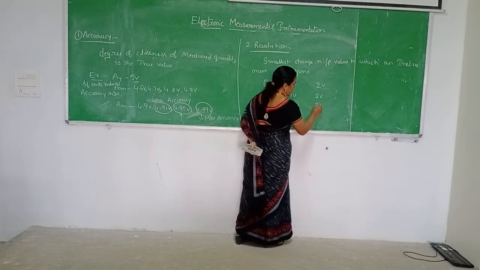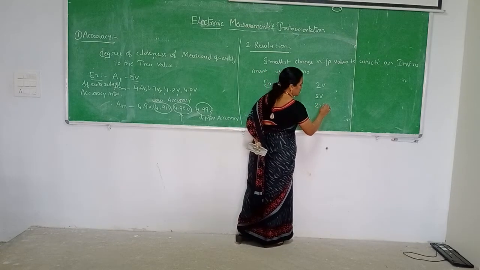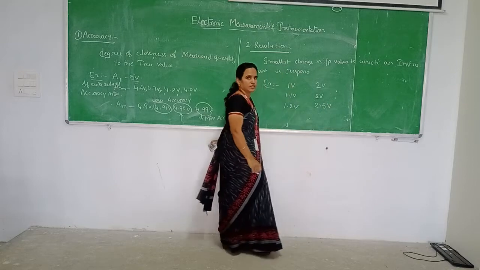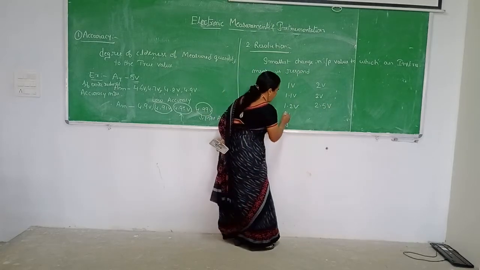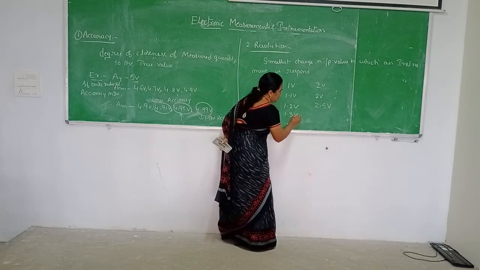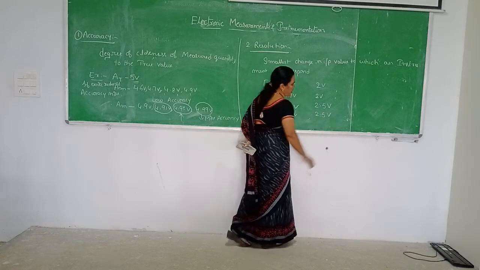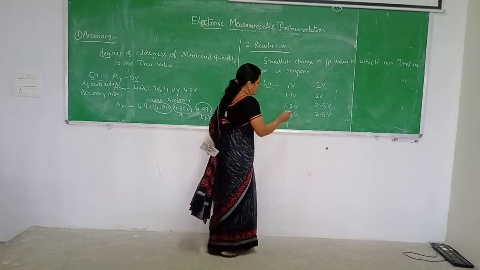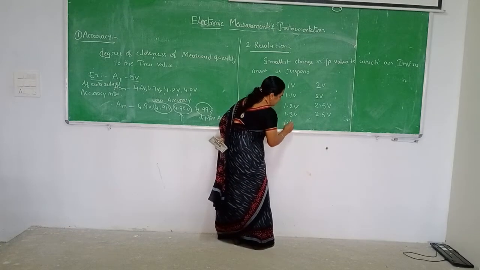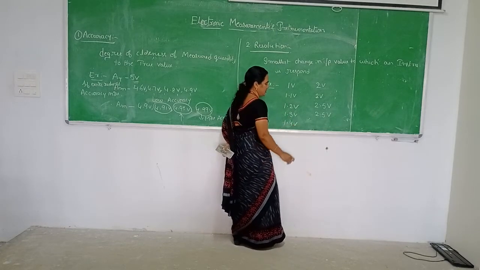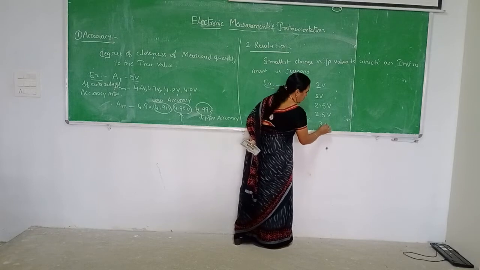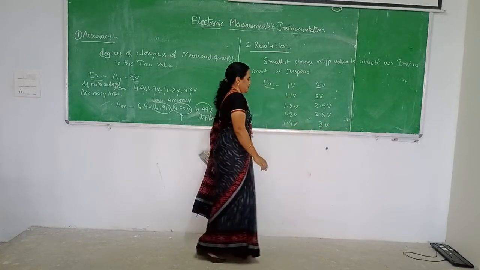It will give the corresponding output voltage of 2.5 volts. Next, I am applying 1.3 volts. It gives the corresponding output voltage of 2.5 volts. Next, I am further increasing to 1.4 volts. It gives the corresponding output voltage of 3 volts.